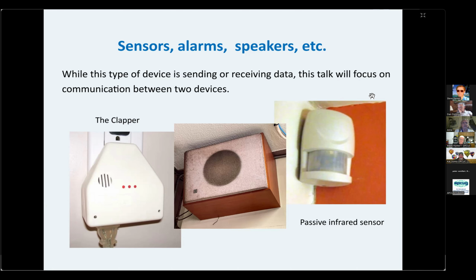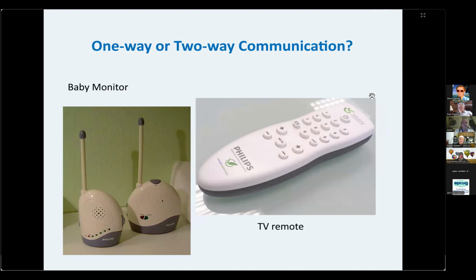But we do have some one-way communication that is between two devices. Here's a TV remote that's infrared, and the TV gets all kinds of information from the remote, but the remote's not getting any information from the TV. And the same thing with baby monitors.